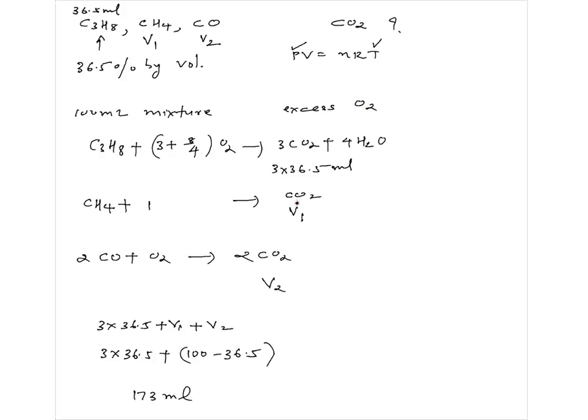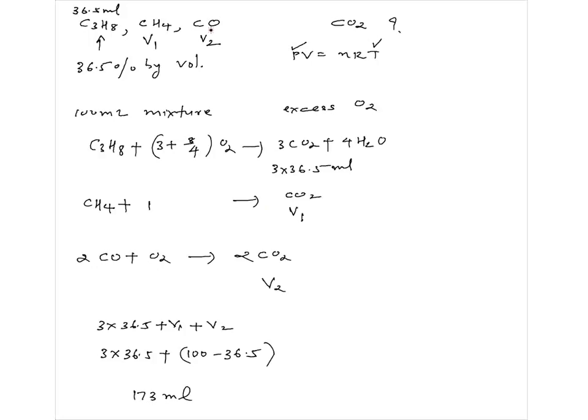We are right now concerned with the carbon dioxide. x CO2, x is 1. So 1 CO2. Now how much is methane? We don't know. Let's say V1 ml is methane. So 1 mole gives 1 mole, so V1 ml will give V1 ml.